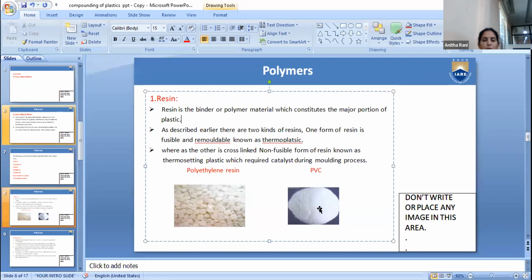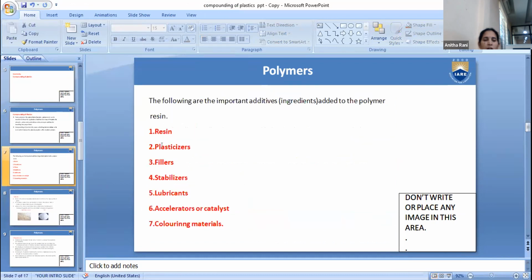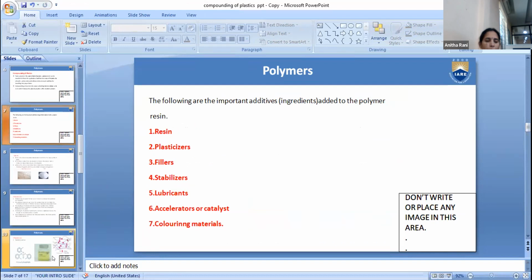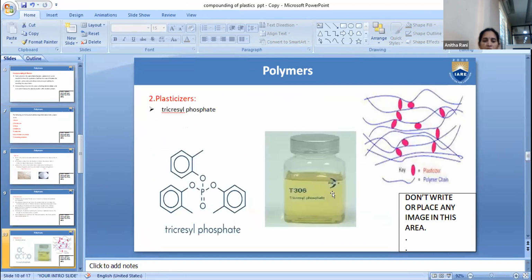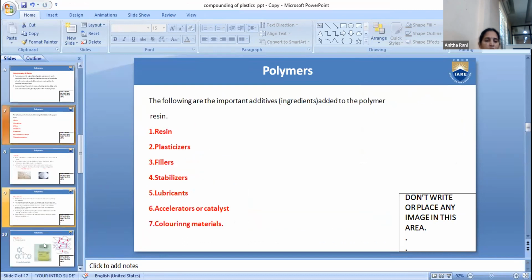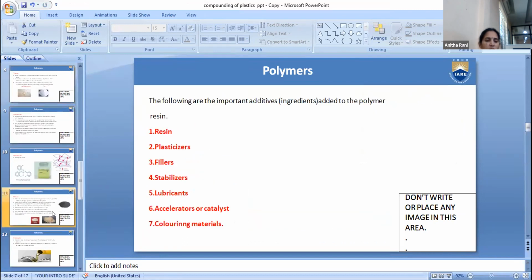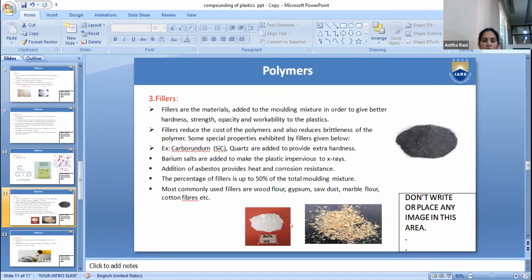Students, I gave examples here. I have taken thermoplastic resins: polyethylene resin and polyvinyl chloride resin. You take this polyvinyl chloride powder in one container and add a plasticizer, a chemical, for example tricresyl phosphate. Then you add fillers, some powder like barium sulfate.